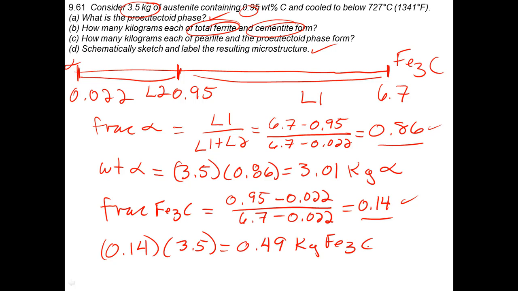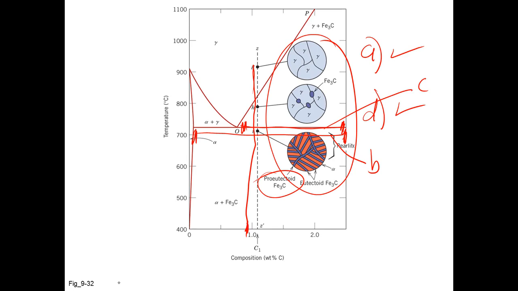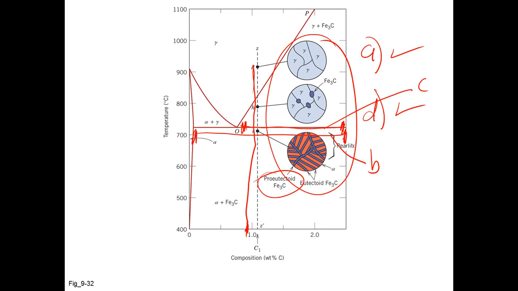Of course, we could have just simplified things and taken our original system amount minus the calculated amount of ferrite to get the same value if we wanted to. But we've done all the calculations here, and those two values are confirmed. Now, I skipped ahead a little bit too much there. I apologize.